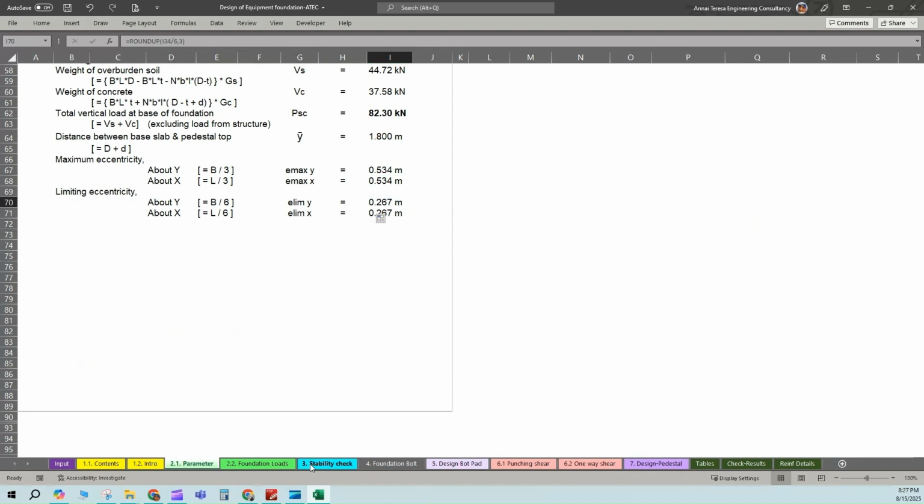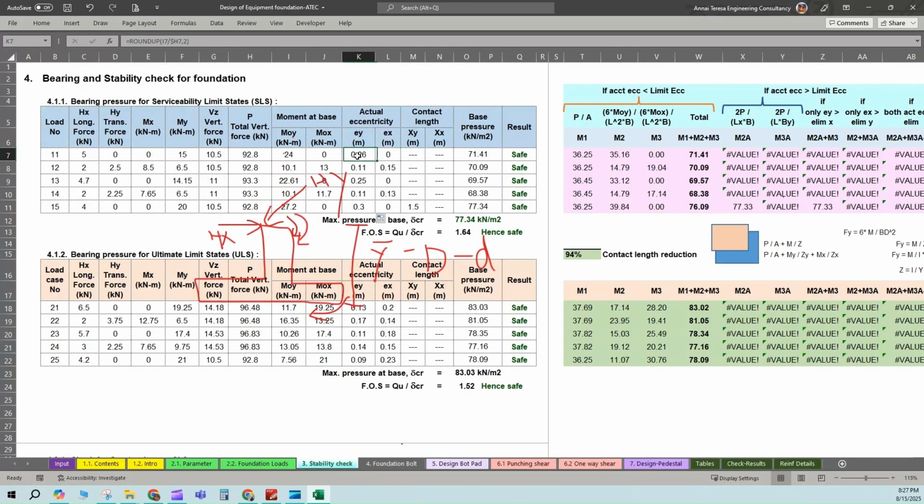In this case, the limiting eccentricity is higher than the actual eccentricity, so there is no contact length reduction here, and it is mentioned simply as a hyphen.